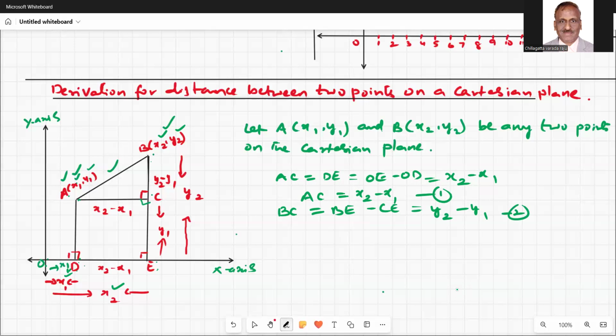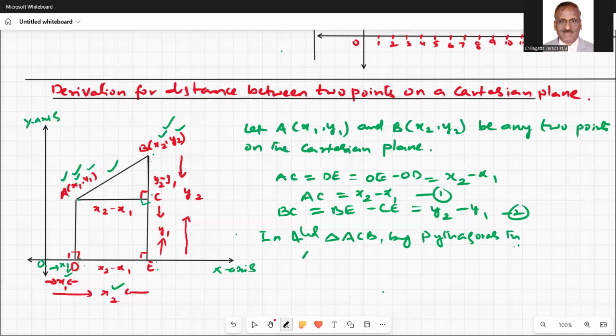Okay. We need to find the length of AB. What kind of triangle is ACB? ACB is a right angle triangle, no? In right angle triangle ACB, by Pythagoras theorem, all of you know Pythagoras theorem, no? Which is the right angle there? Angle C is the right angle.